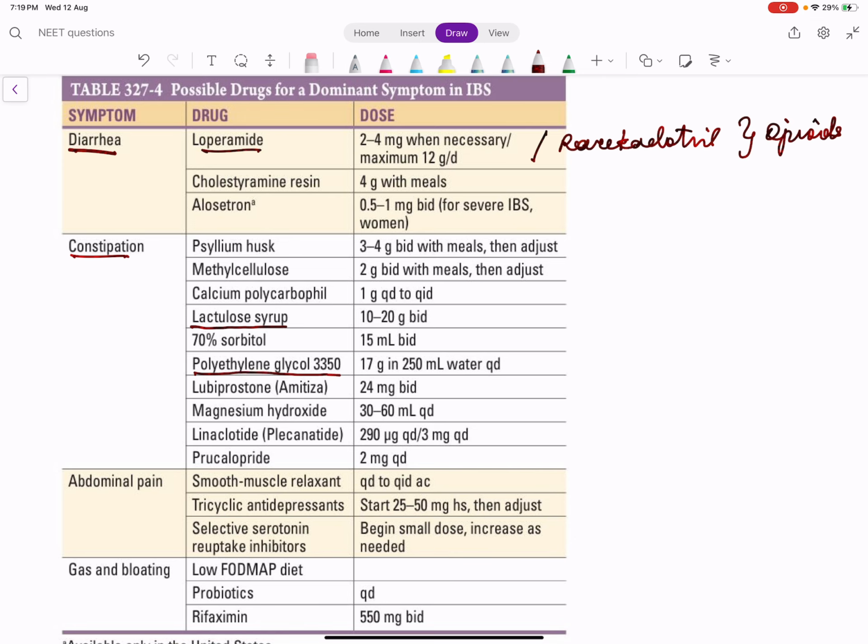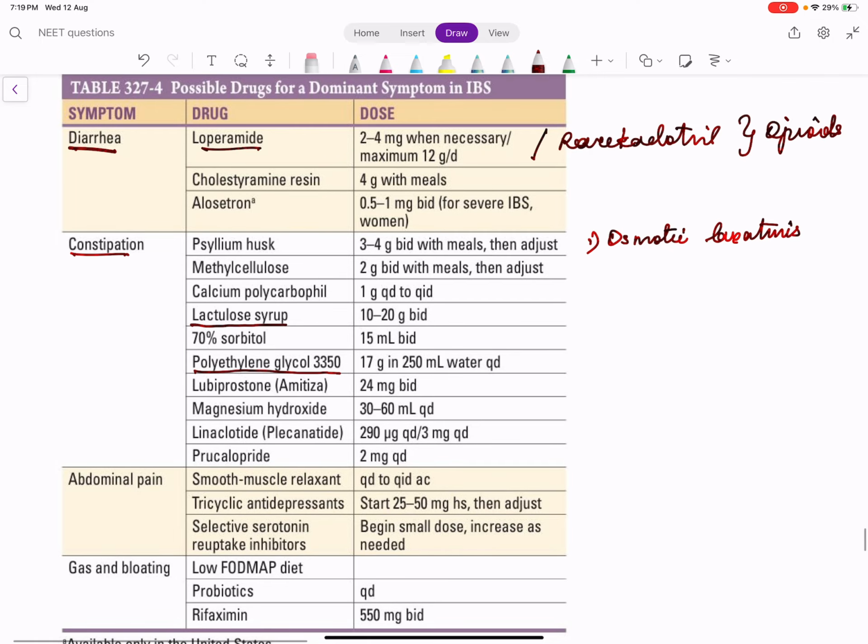If you remember, laxatives have different names like osmotic laxatives. Lactulose is an osmotic laxative because when lactulose is given, lactulose is a sugar. We know very well that when sugar is not absorbed, it will be acted upon by the gut bacteria to produce more of intestinal gas. So that will cause some osmotic effect causing diarrhea.